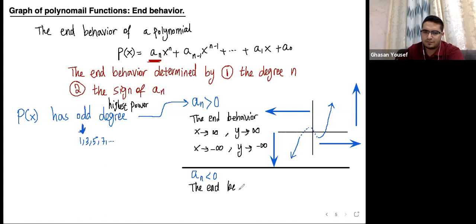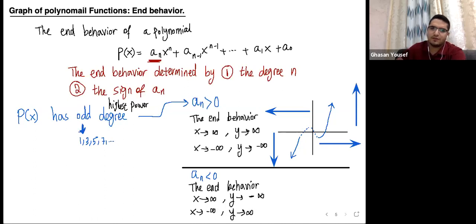We have two cases: x goes to infinity and x goes to minus infinity. When x goes to infinity, y goes to minus infinity. When x goes to minus infinity, y goes to positive infinity.